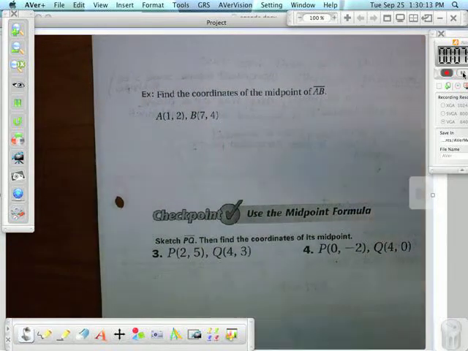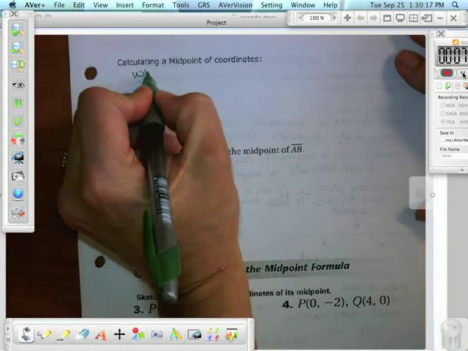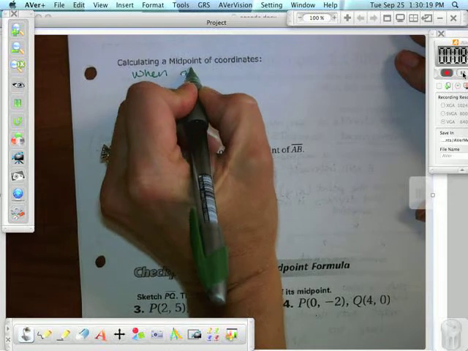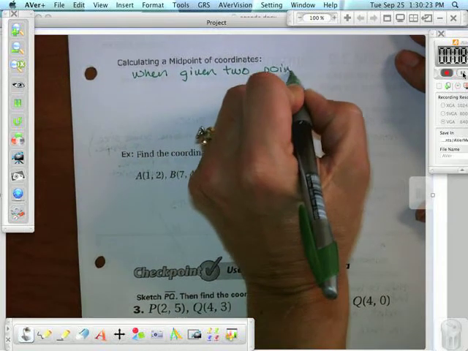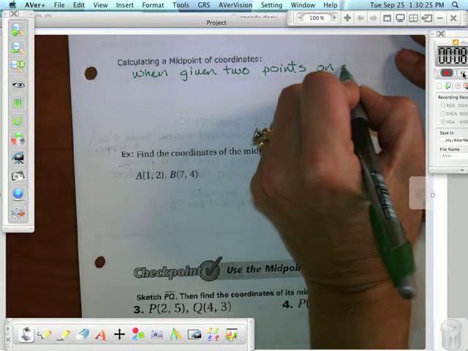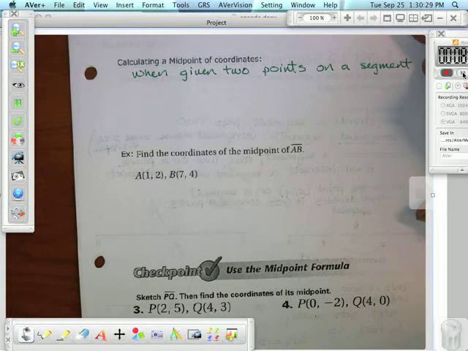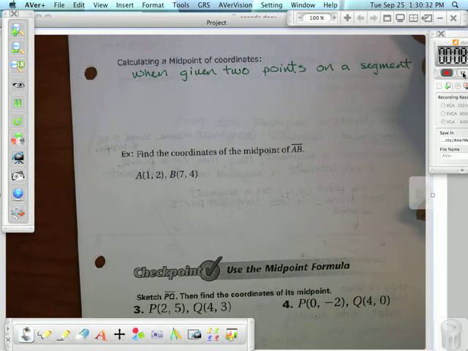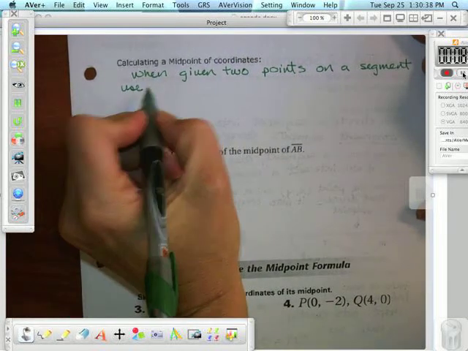Ready? So, when you're given 2 points on a segment, now you say, well, where do 2 points come from? They're referring to 2 points on a graph. Okay? 2 points on a graph. Use this formula.